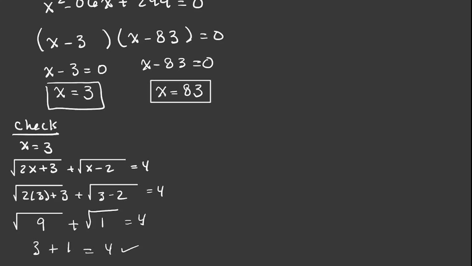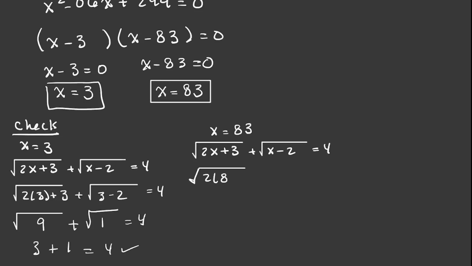So now I have to check my other x value. X is equal to 83. So now again, I have this equation, and I'm going to plug in 83 for each x I see. So here I have the square root of 2 times 83 plus 3 plus the square root of 83 minus 2 equals to 4.